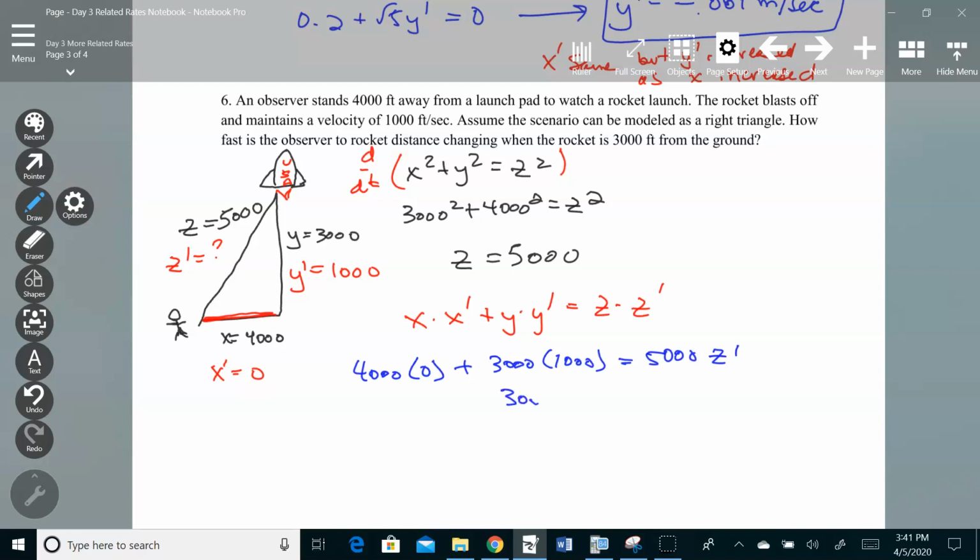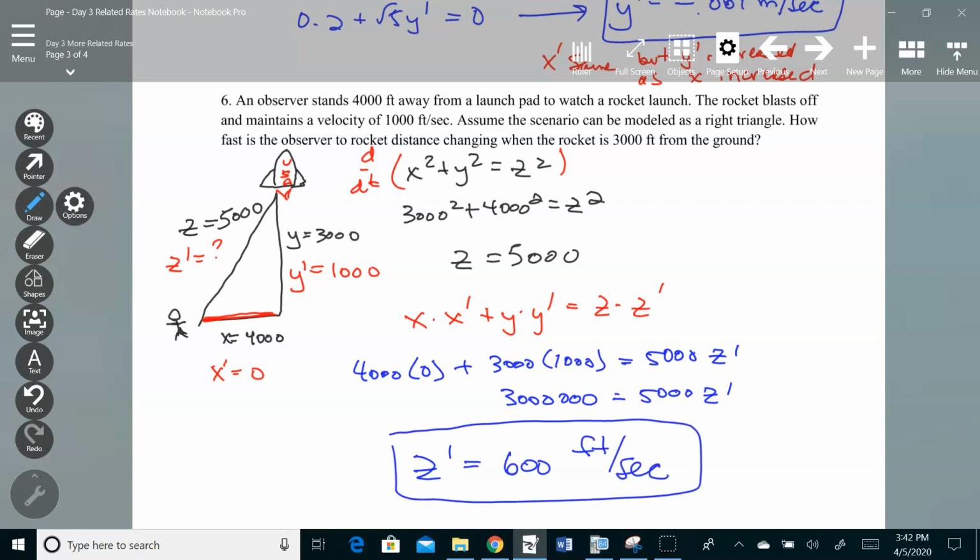I get 3 million is equal to 5,000 z prime. And I get a final result of z prime is equal to 600 feet per second. So in the moment, right now, this distance right here, this z prime between the person and the rocket is changing at 600 feet per second.